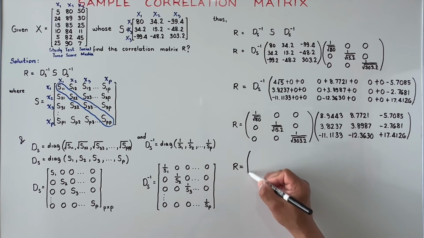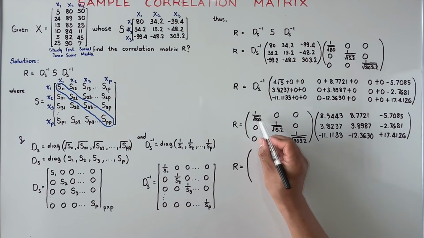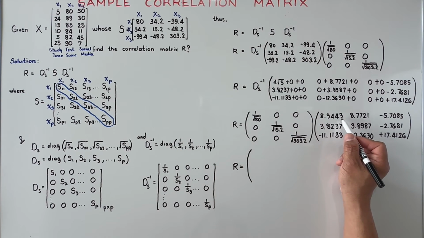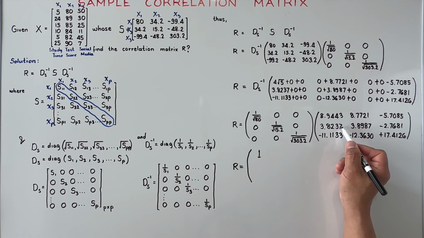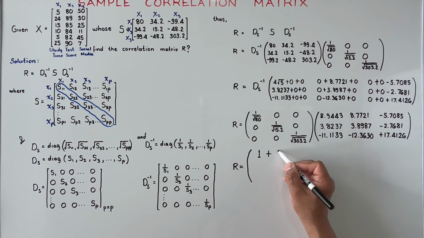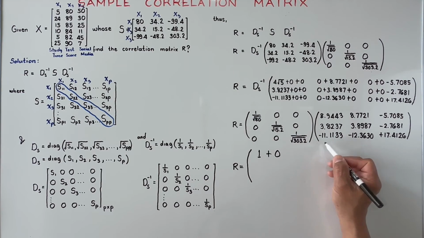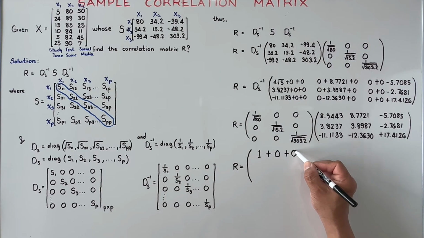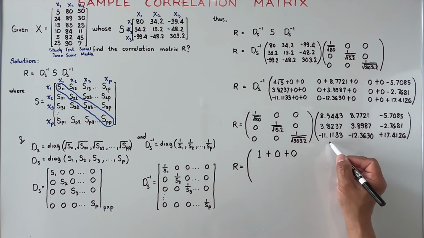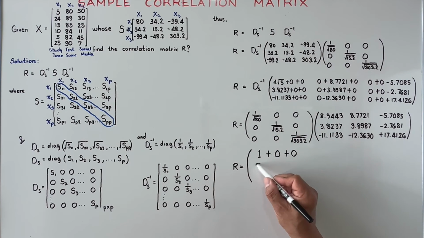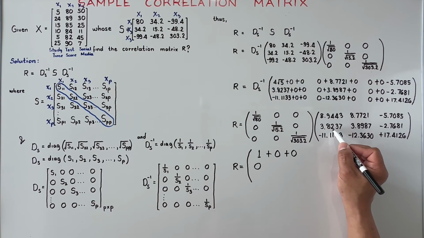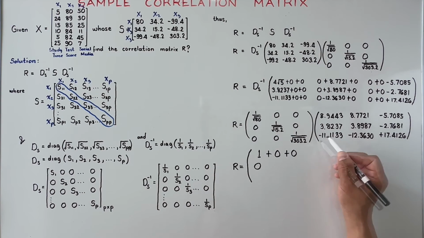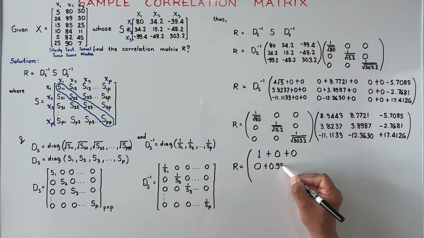So the product of these two matrices is obtained by multiplying this first row by this first column. So 1 over the square root of 80 times 8.9443, the product is 1. And 0 times 3.8237, that's 0. And 0 times negative 11.1133, that is also 0. And then multiplying the second row by this first column, we have 0 times this number, that's 0. But 1 over the square root of 15.2 times 3.8237, we have 0.9808.